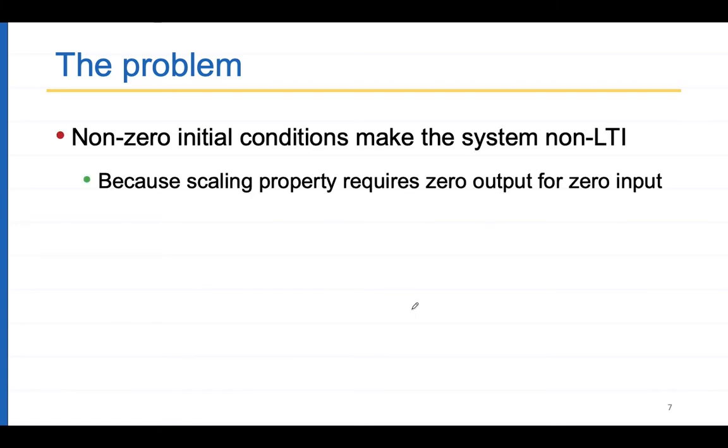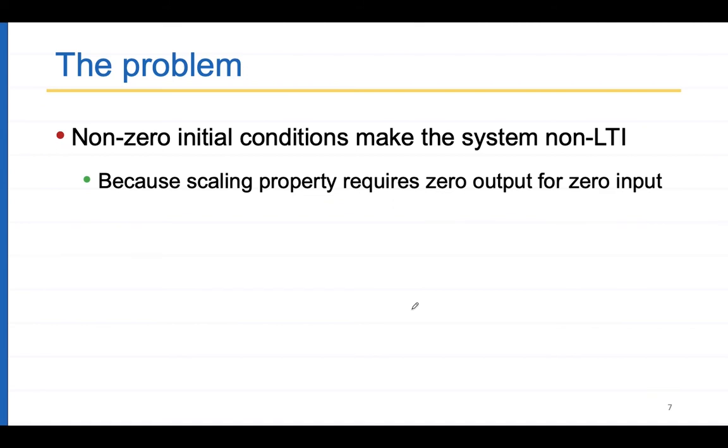There was a problem when we did the Fourier transform or the z transform. What was it? That the system was not LTI, not linear time invariant. Why? Because of non-zero initial conditions. Because my y[minus 1] is not 0, my output is non-zero even if the input is 0.